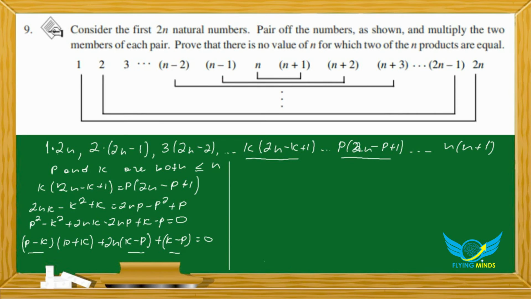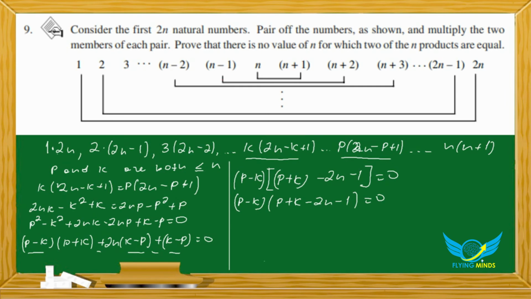So in the second and third term we have k minus p, so we're going to change this plus and this plus to minus. So p minus k times p plus k minus 2n minus 1 equals 0.